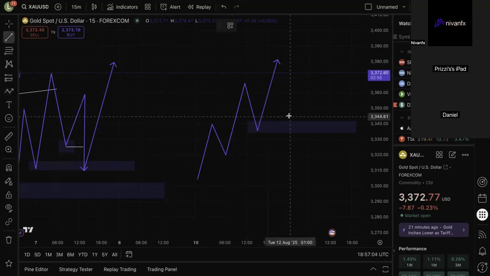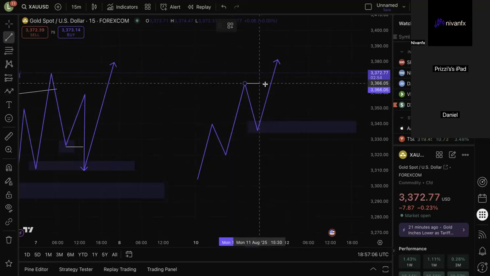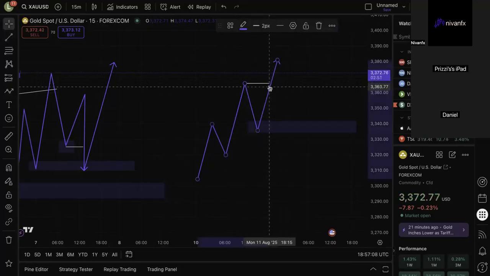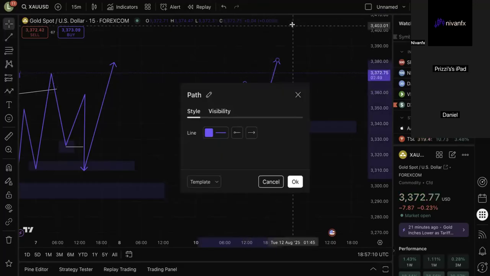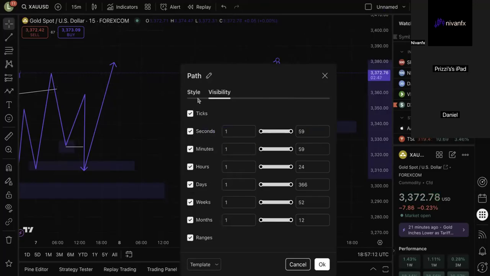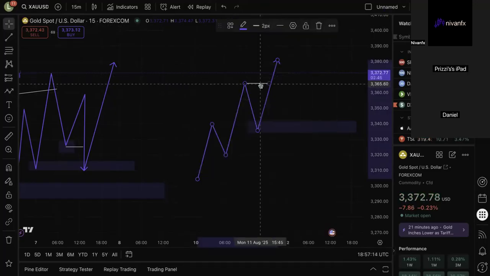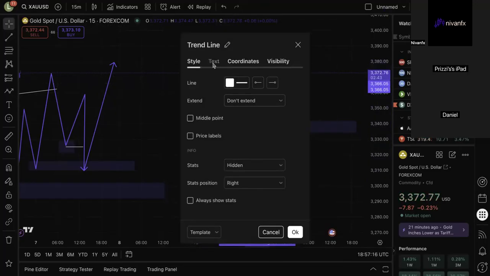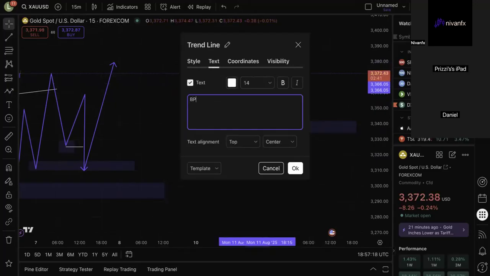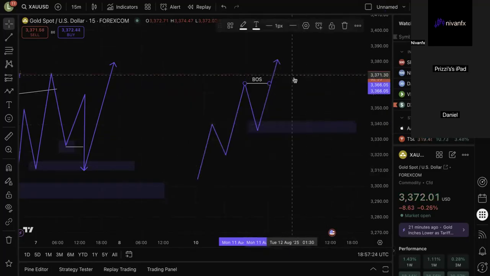So we have a break of structure at this point, right? This is a break of structure, BOS.